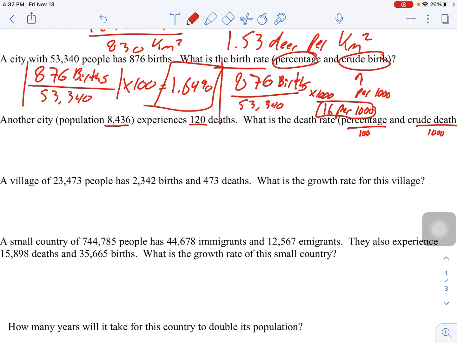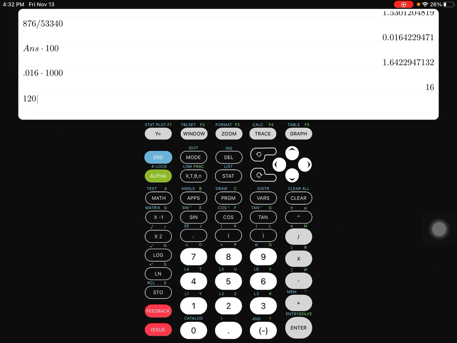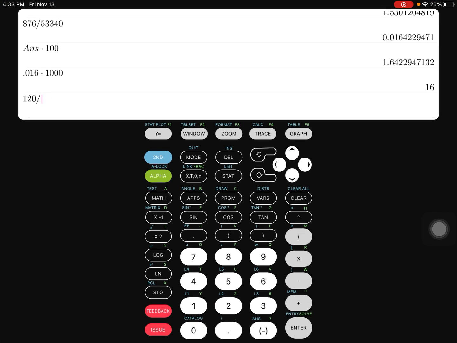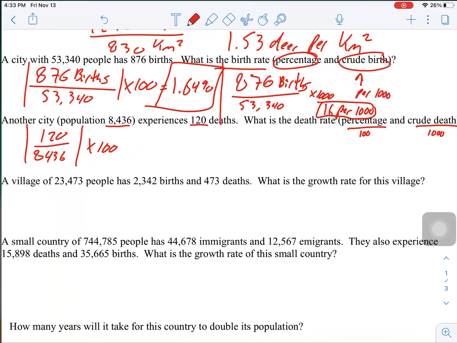We end up doing the exact same math. 120 divided by 8,436 times 100, that's going to be 1.4%.